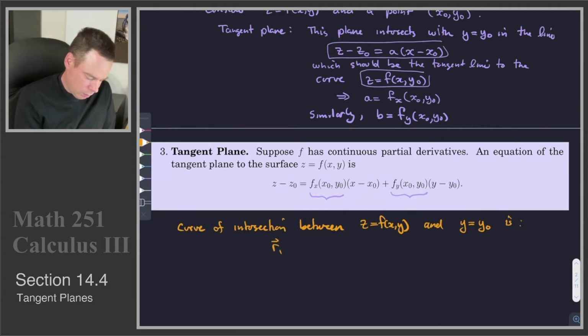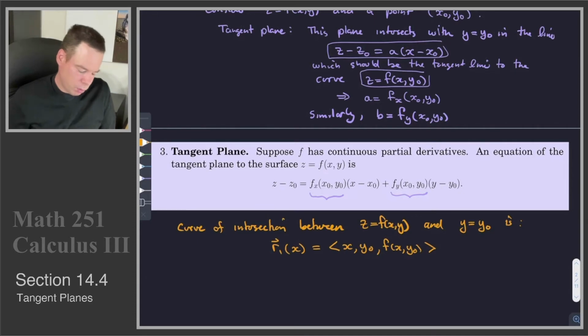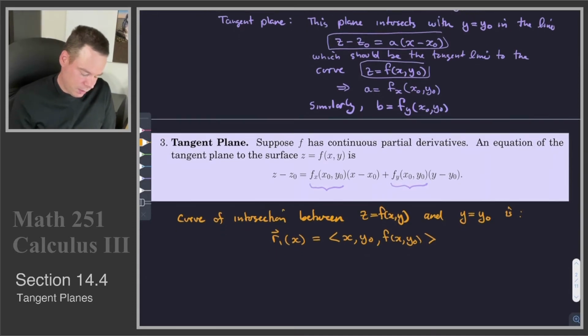We'll call it r sub 1 of x, and because the y value is fixed, what's changing essentially is the x value. So we'll make it a curve that's parameterized by the x variable rather than going to some other variable t. Now x is allowed to change, y has to be constant, and the z value depends on those previous two values. So there's our parameterized curve, which gives us that curve of intersection.